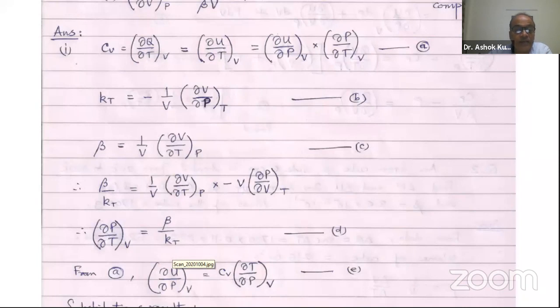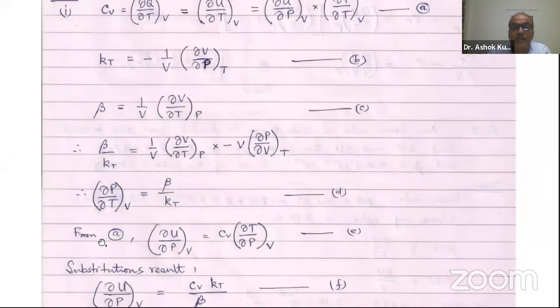Now again here, del P upon del T: you see that one was at constant pressure, the other at constant temperature. So we are left with del V upon del P upon del T, and since pressure and temperature variations are already there, it is at constant volume. That is the D relation.